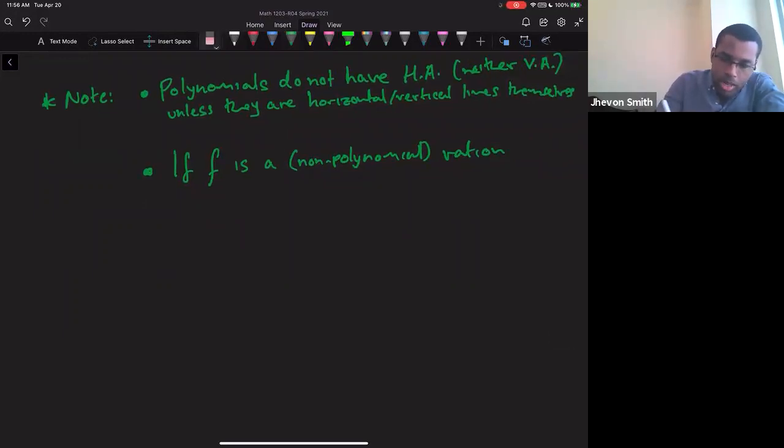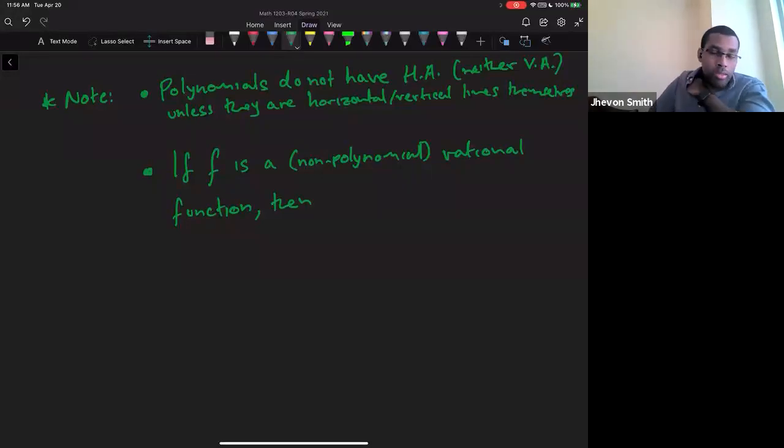I don't want the denominator to be a constant because that just makes it a normal polynomial. So we know if you're a polynomial, you automatically don't have HAs or VAs, so you probably don't have to look for them.